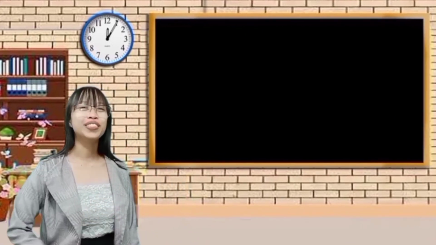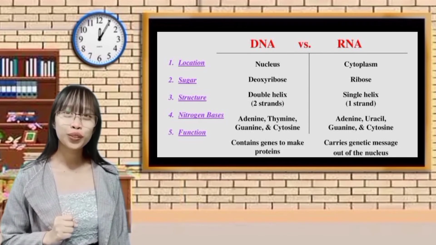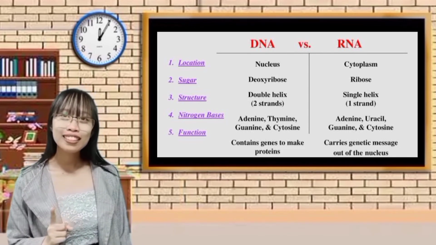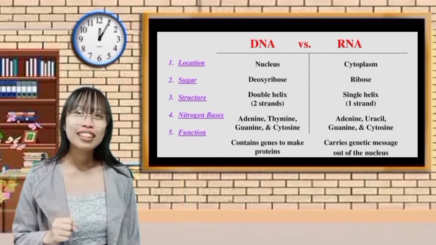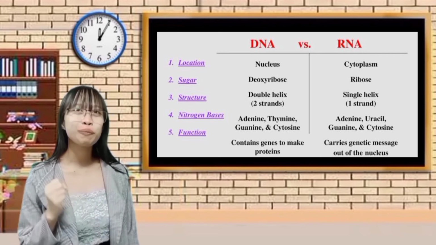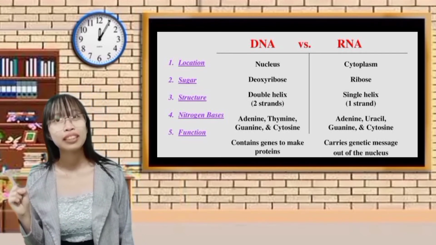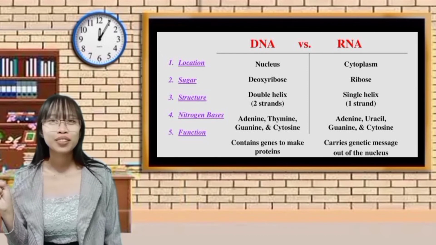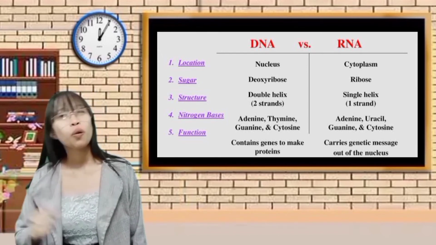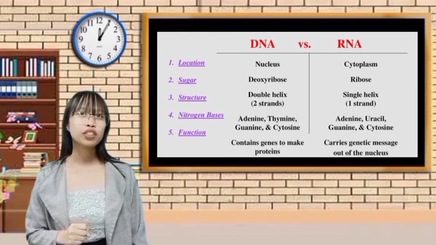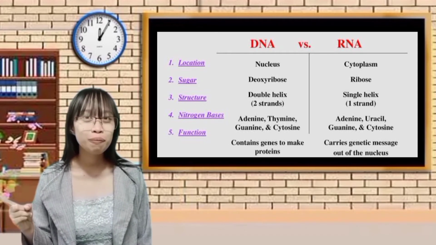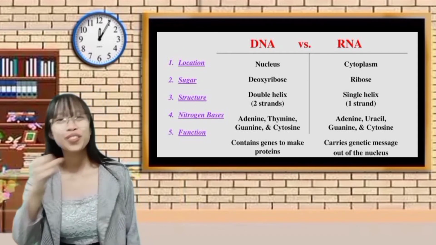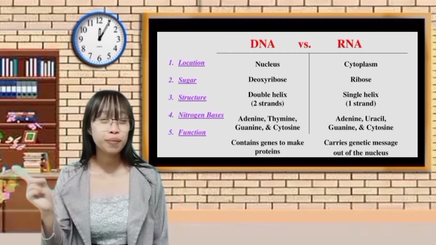Okay, very good. DNA is double-stranded, while RNA is single-stranded. Also, DNA base pairs are adenine pairs with thymine, cytosine with guanine, while RNA base pairs are adenine pairs with uracil, not thymine.